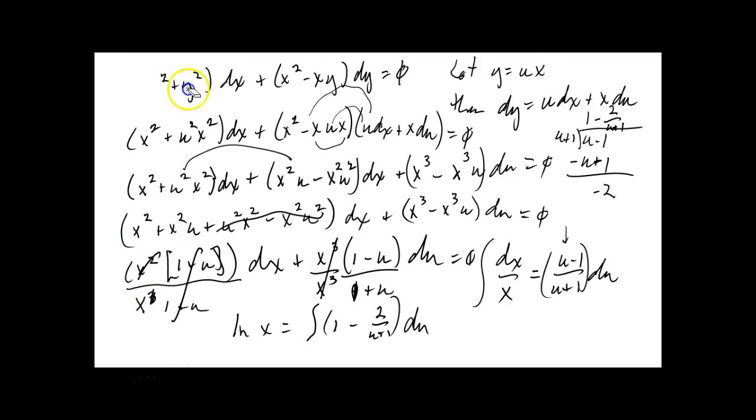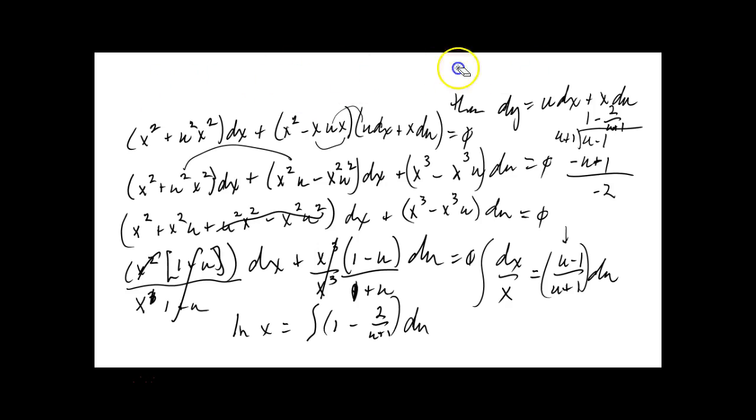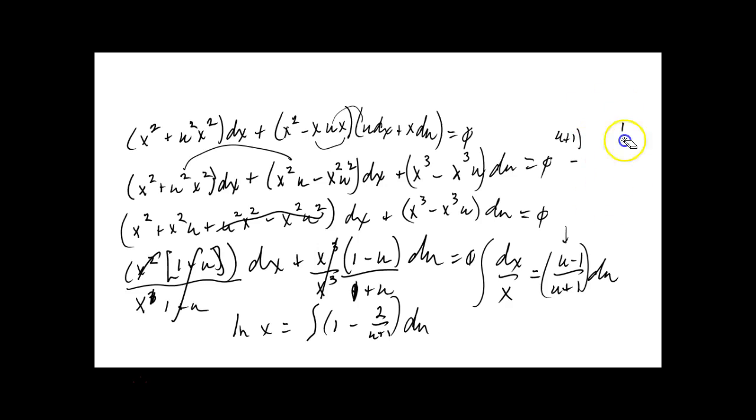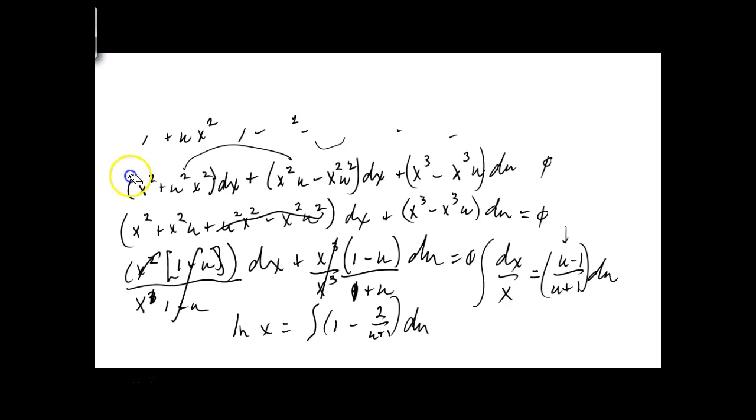So I'm going to erase this and that. Oh, remind me, y is equal to ux. Just keep that in mind. I probably should have kept that, but I'd already gotten that erased before I realized I probably need it back. Okay.